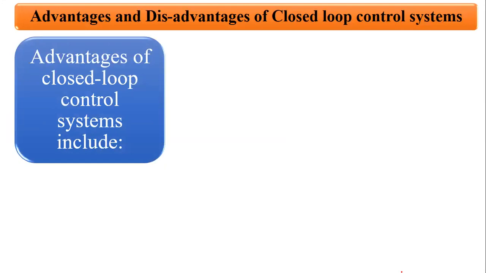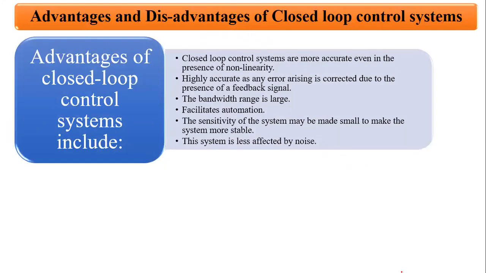Now similarly, closed loop control systems have some advantages and disadvantages. The advantages are that closed loop control systems are more accurate because we have the feedback mechanism here. The controller actually knows how the plant is responding, and can take corrective actions in time to avoid any inaccuracy or deviation of the response of the plant from the desired value, right?